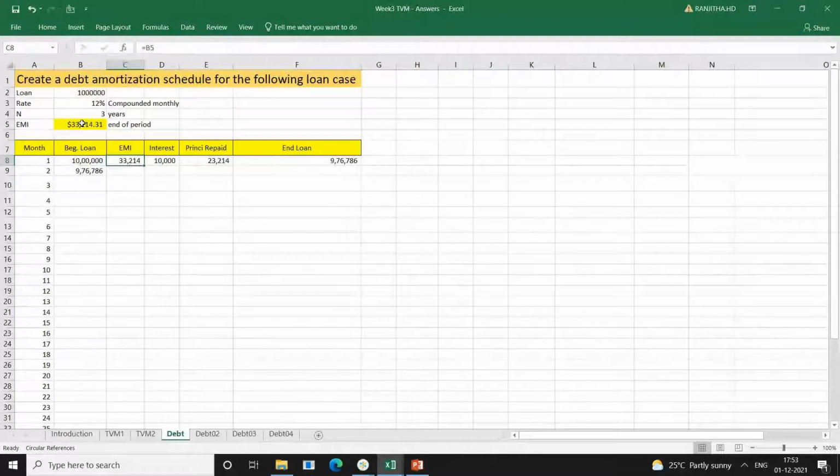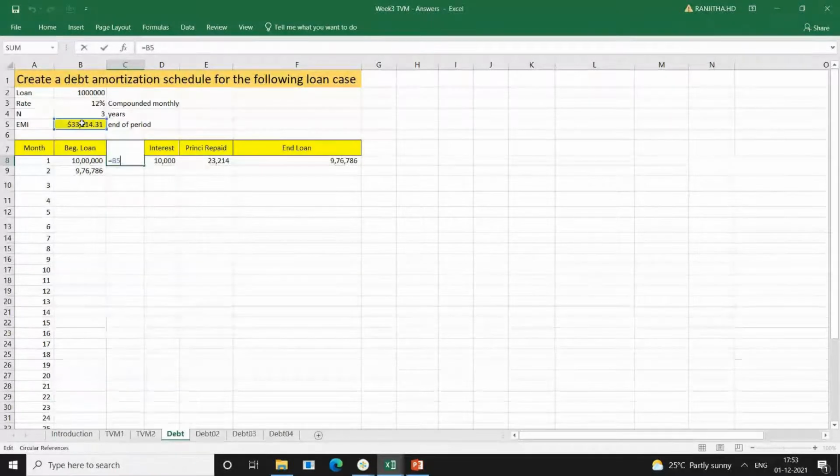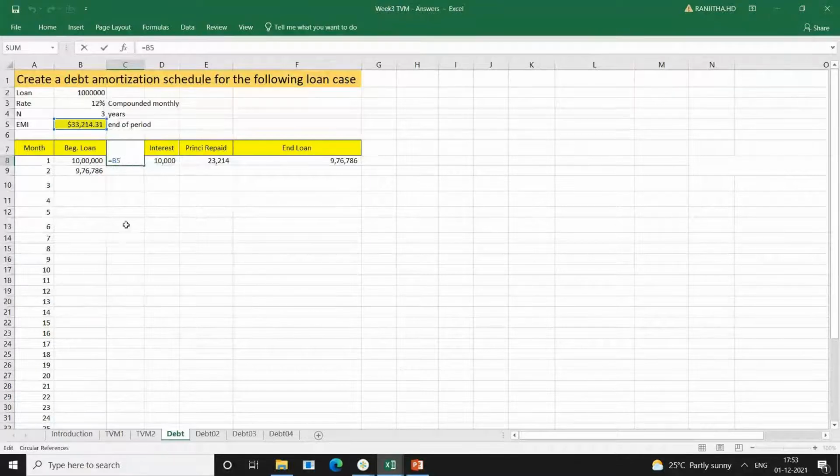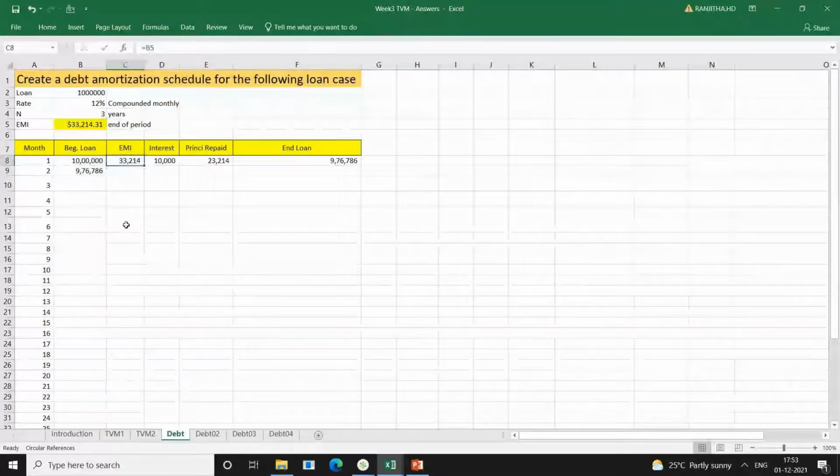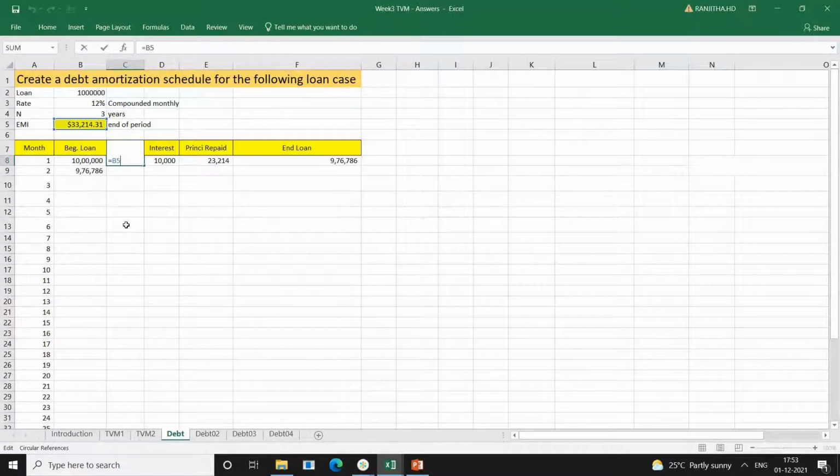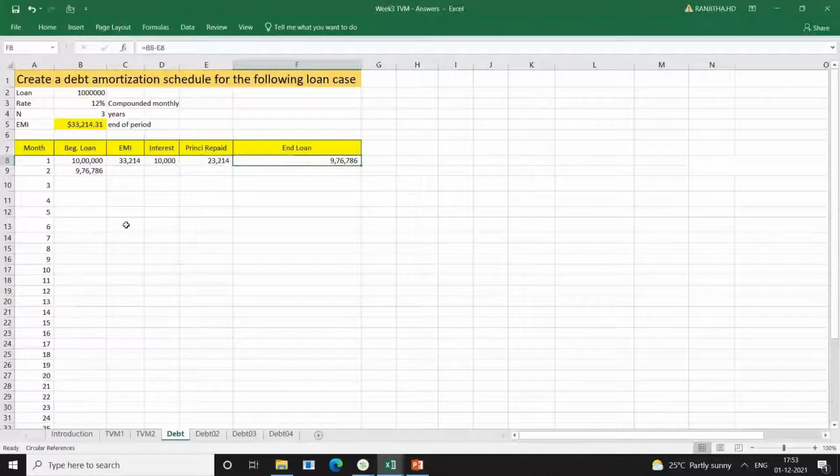Here also, the EMI will be the same for all interest amounts, so I'll make this absolute also, with F4. This interest is exactly correct, principal repaid is also correct, end loan is also correct.